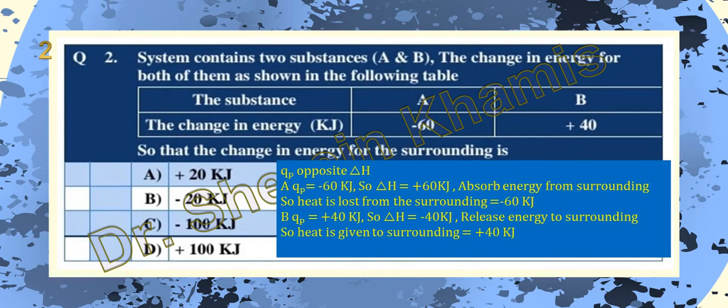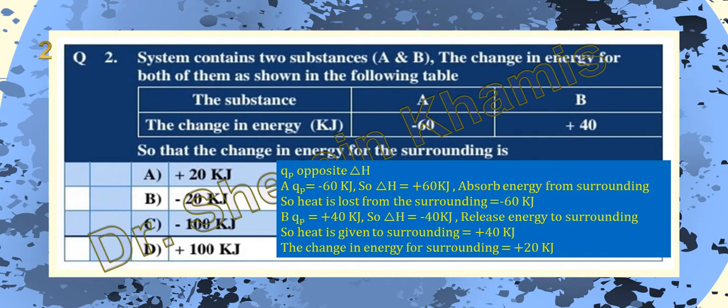Heat is given to the surrounding by plus 40 kilojoule, this is substance B. So the change in energy for the surrounding at the end, the difference between the two substances, will be plus 20 kilojoule, in the opposite sign to the system.